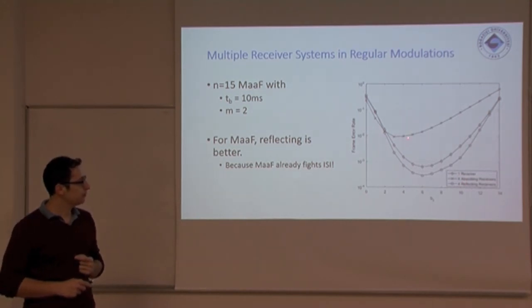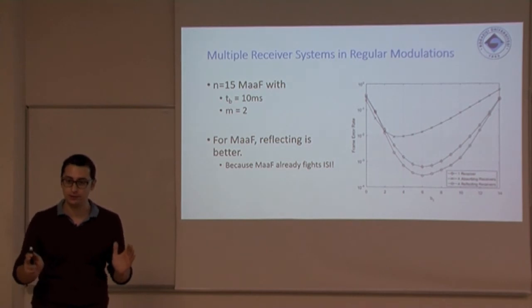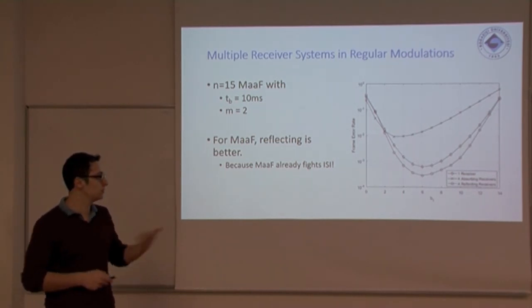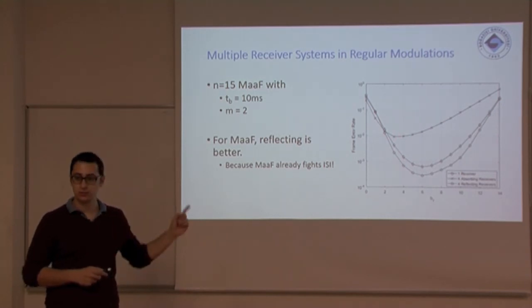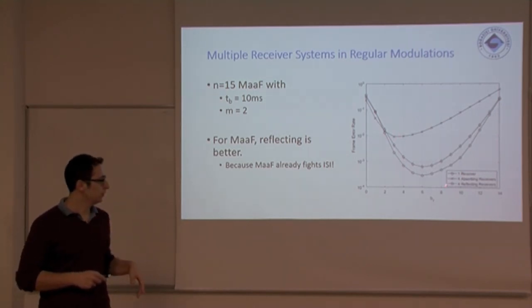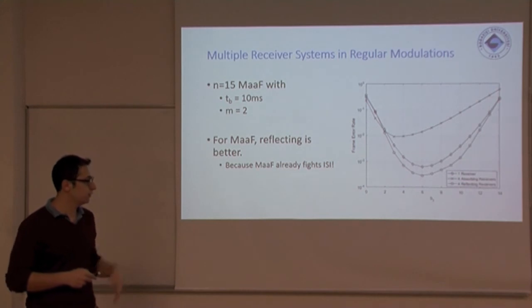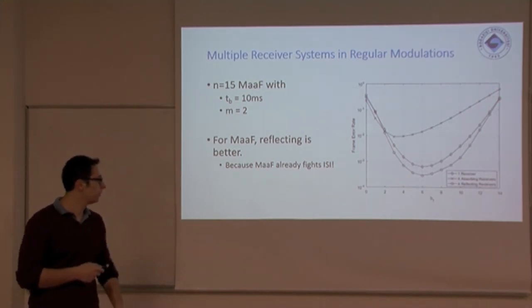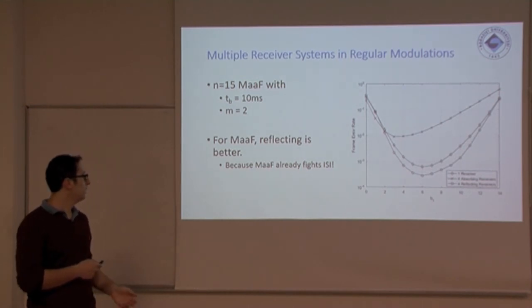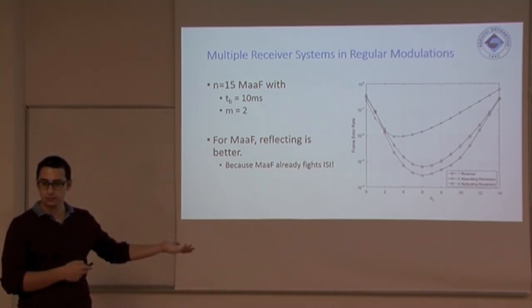As you can see, since the overall signal strength we have decreases with absorbing interferer receivers, we have a higher error rate there. For the reflecting one, we have it even lower than a single receiver case. So because molecule as a frame already fights ISI by itself, reflecting is better in this case.